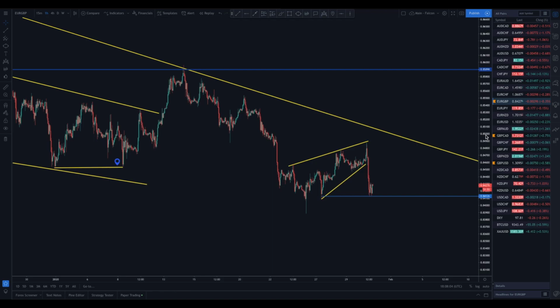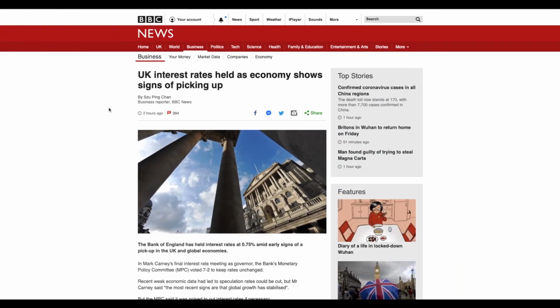But today, the most recent piece of news has been relating to the interest rate. So the Bank of England has decided to hold the interest rate at 0.75 amid early signs of a pickup in the UK and global economies. The circumstance here was that, due to the fact that the GDP of the UK was slowing down, the central bank, such as the Bank of England, tried to enhance the borrowing and lending of money by potentially lowering the interest rate by a quarter of a percentage point.